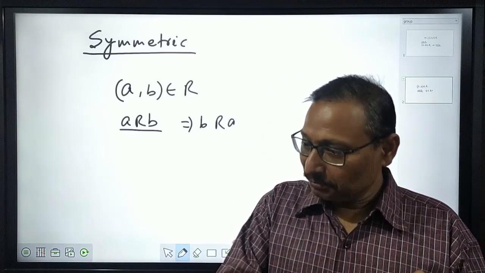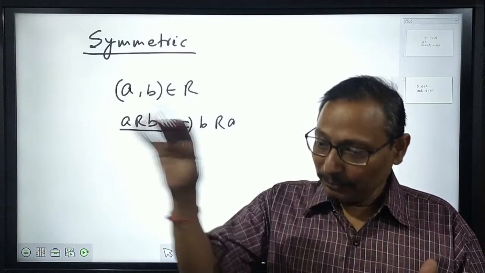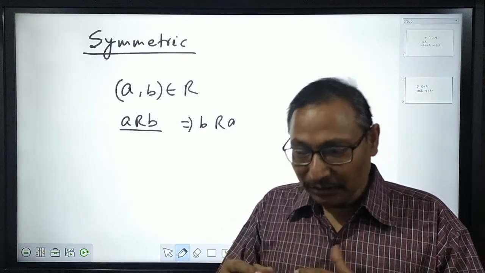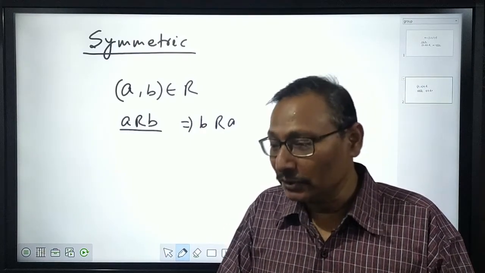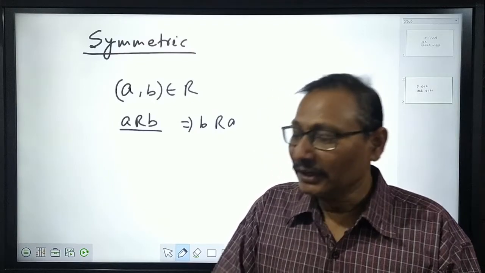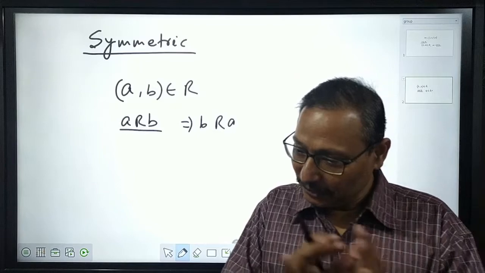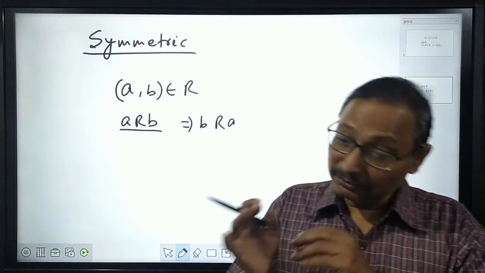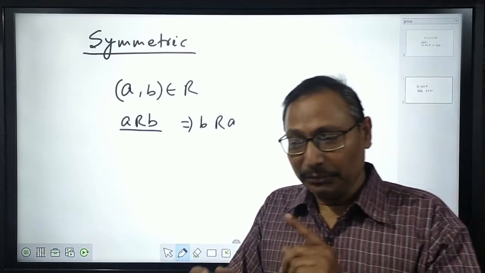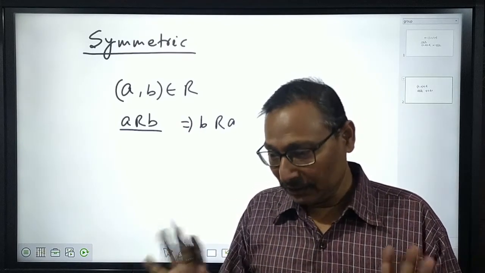After taking that pair, we will check whether its inverse pair is also there or not. Actually, I mean that whenever A is related to B is supposed, only then we are to check whether B is related to A or not.